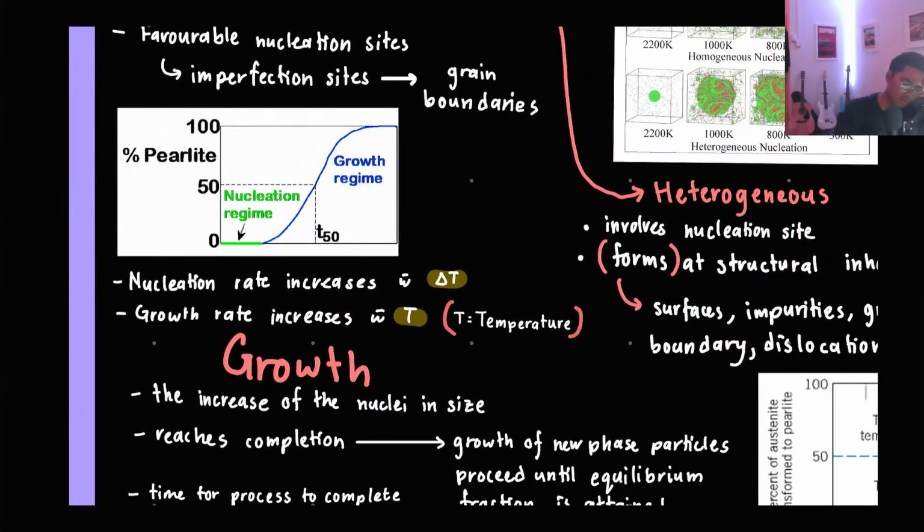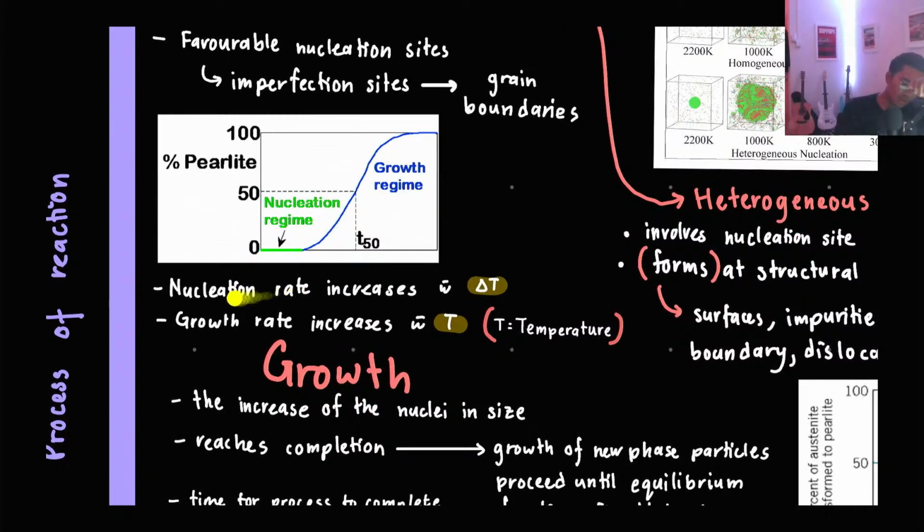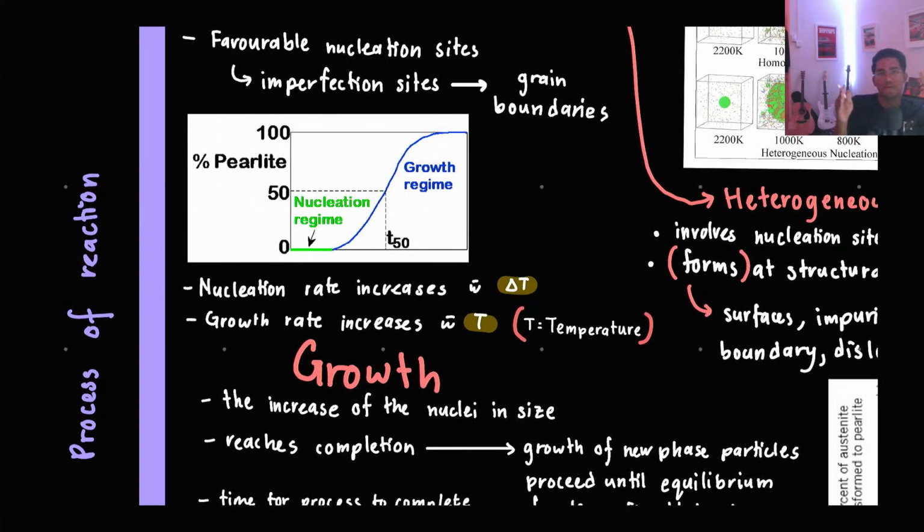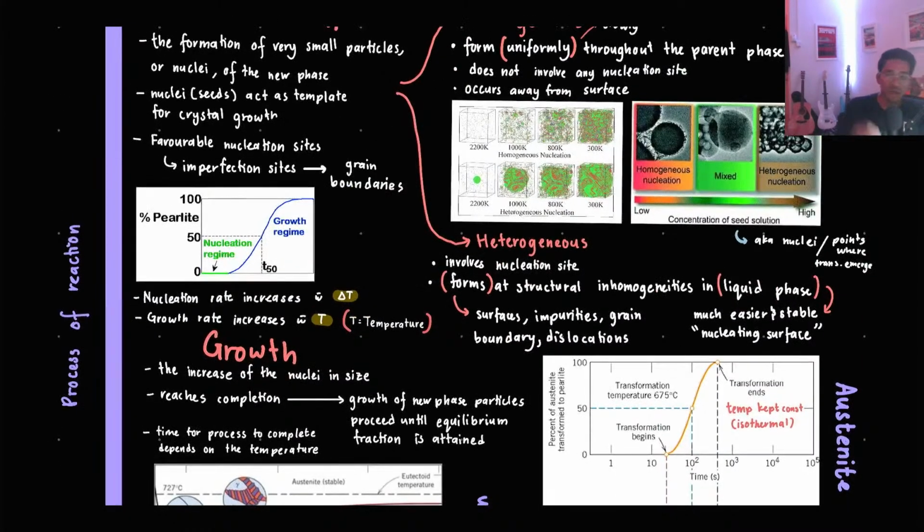Before that, we can also observe how we want to nucleate a material faster or slower. The nucleation rate increases with the difference in temperature, delta T. The growth rate increases with T, temperature. So what does that mean? It means that if you decrease the temperature of a certain material faster, it will have many more nuclei.